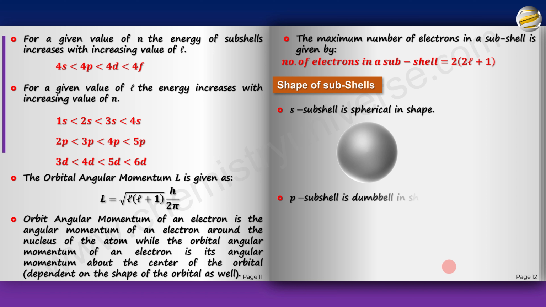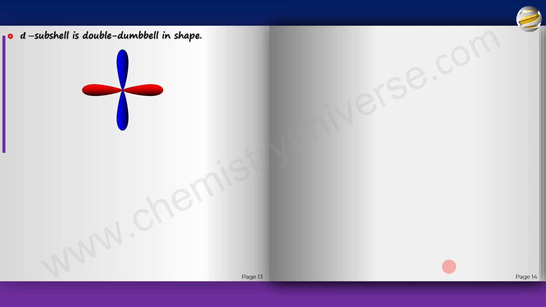While the P subshell is supposed to be dumbbell in shape, and the D subshell is supposed to be a double dumbbell, and the F subshell does not have any particular shape, and it is very complicated.